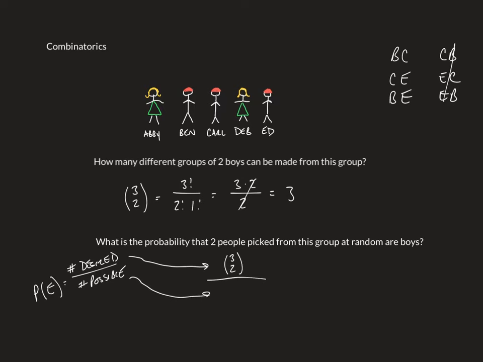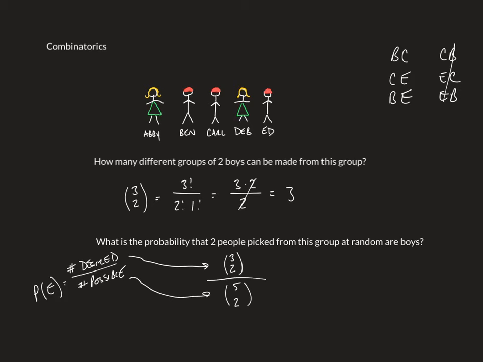So this is a situation where I am choosing 2 people from a group of 5. And that's going to give me the number of possible ways to do this. So this is saying, how many ways can I pick 2 people out of a group of 5? And this is saying, how many ways can I pick 2 of the 3 boys that are here?